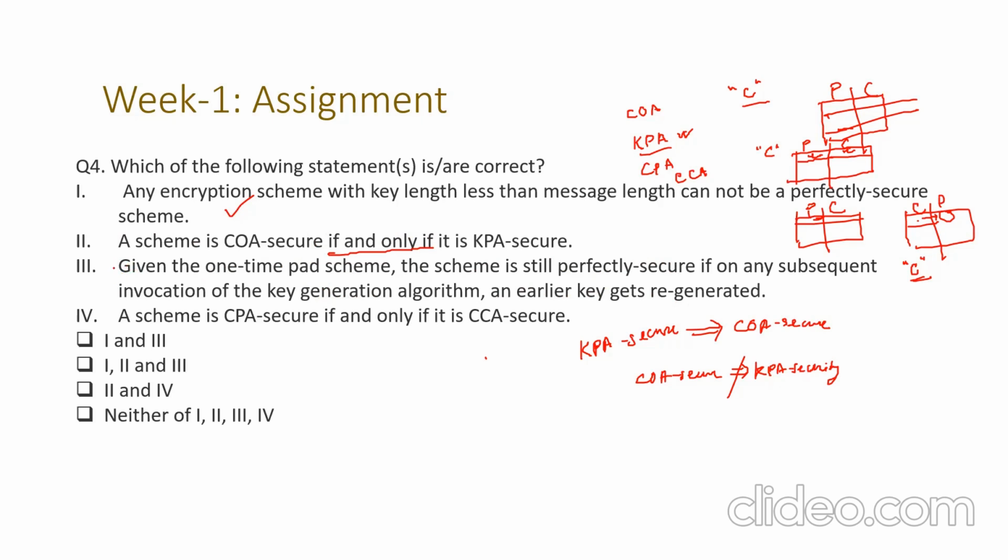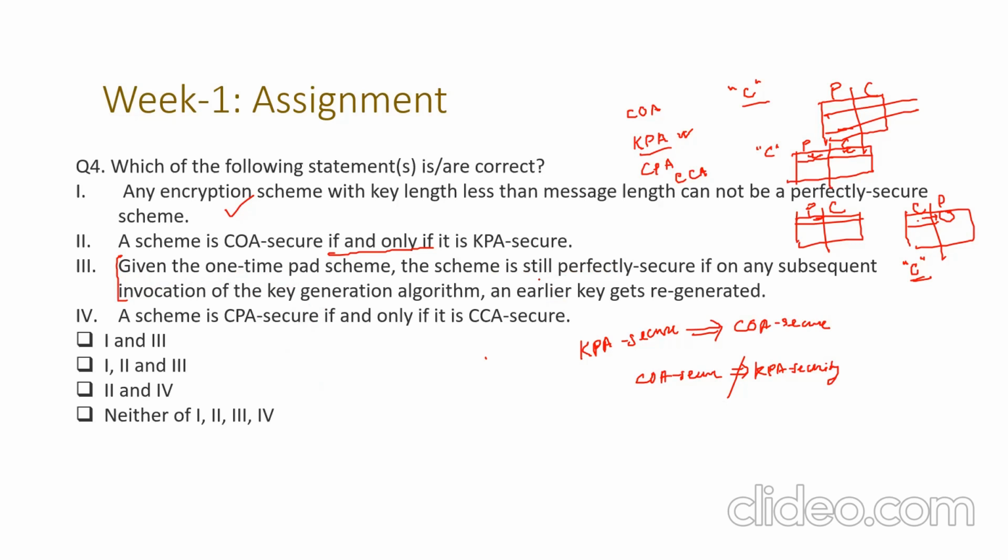So let me tell you that yes, the scheme will still remain perfectly secure even if the same key is regenerated in the one-time pad scheme. But I also mentioned that in one-time pad the key is never reused. So what is the difference between that statement and the statement here that says even if the same key is regenerated in the one-time pad scheme, the scheme still remains perfectly secure?